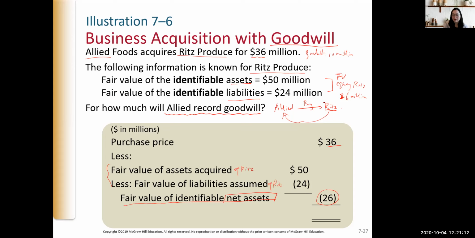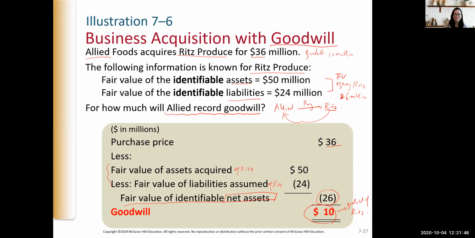I call it equity, but you can say it's net assets. Hence the goodwill is the 36 million that Ally paid for Reed's during the acquisition minus the net assets of Reed's. And this 10 million becomes the goodwill of Reed's, which is parked on Ally's balance sheet because Ally becomes the owner of Reed's.